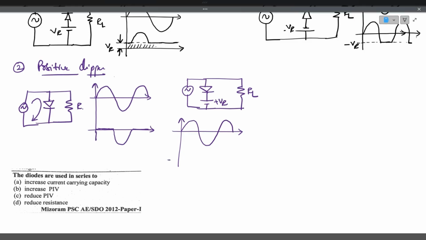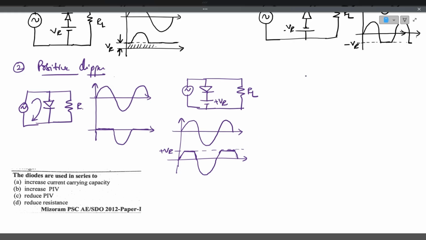This is the input voltage and output voltage. Here the bias is shifted to plus VR. So it contains the negative half cycle as well as some portion of the positive half cycle till VR. So output will be like this. By just looking at the circuit diagram, you should be able to judge the output voltage.